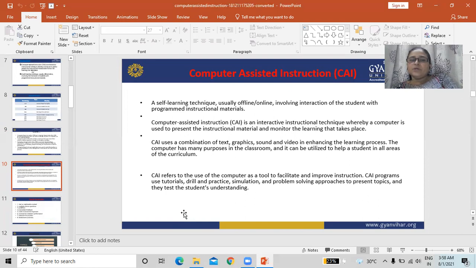Computer assisted instruction is an interactive instructional technique whereby a computer is used to present the instructional material and monitor the learning that takes place.